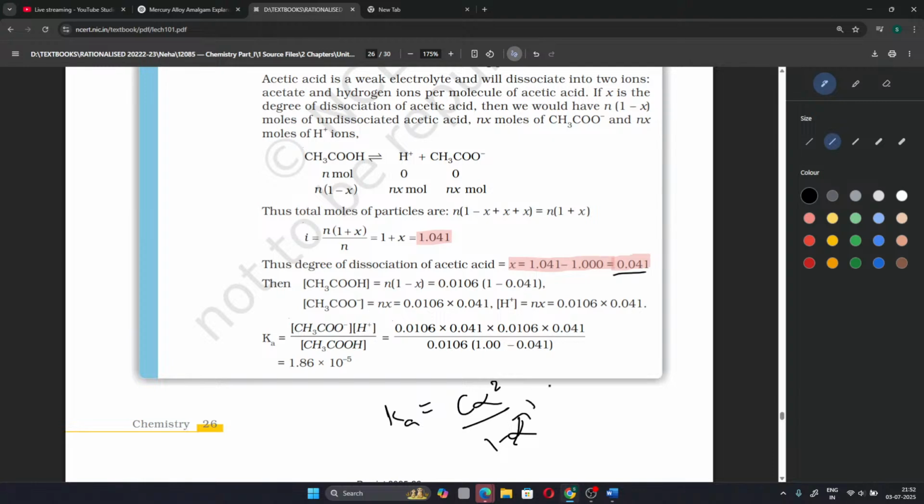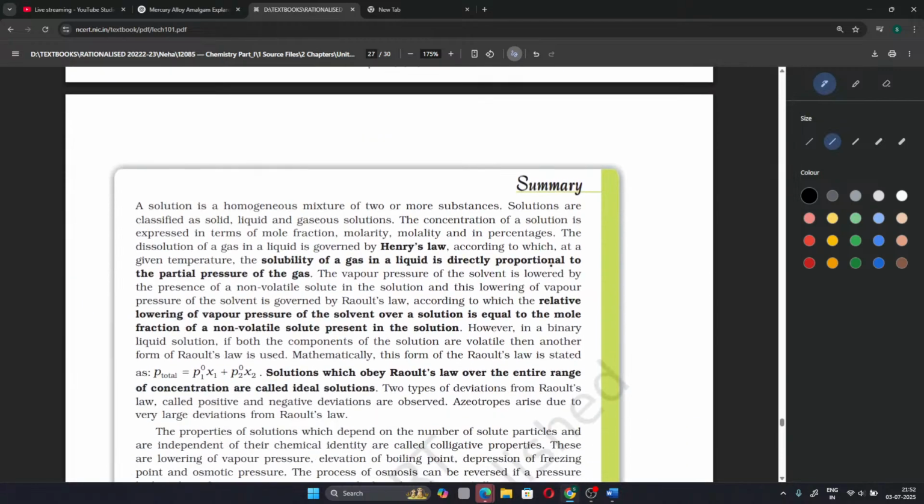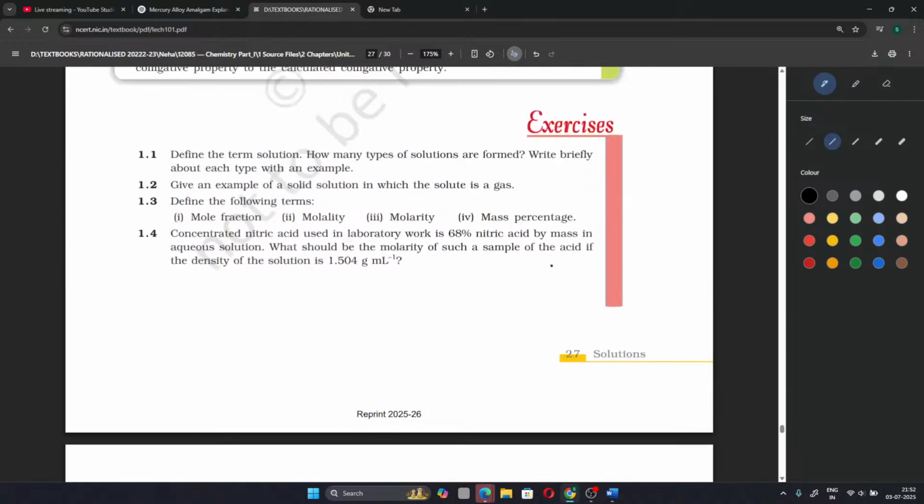We can neglect this. Then concentration C times alpha square gives us Ka, which they have calculated here as 1.86 times 10 power minus 5. That is the answer.